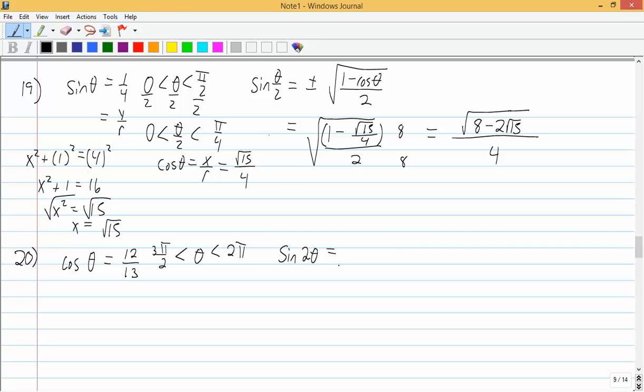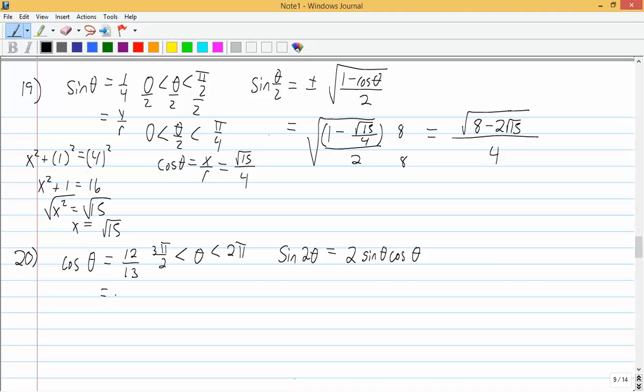We only have one formula for the sine of 2 theta. That is 2 times the sine of theta times the cosine of theta. So to find the sine of 2 theta, you need sine theta and cosine theta. I was given cosine theta. So I need to find sine theta.